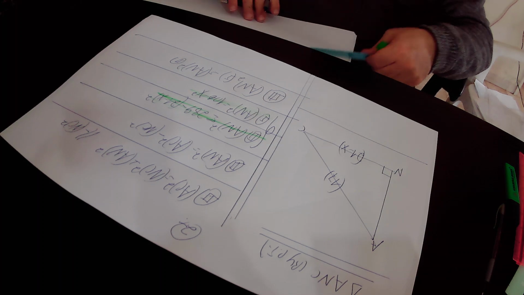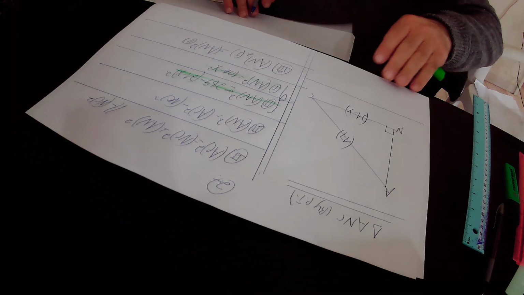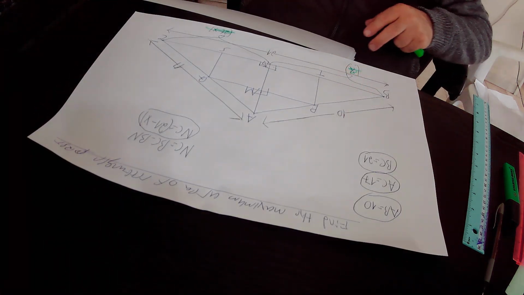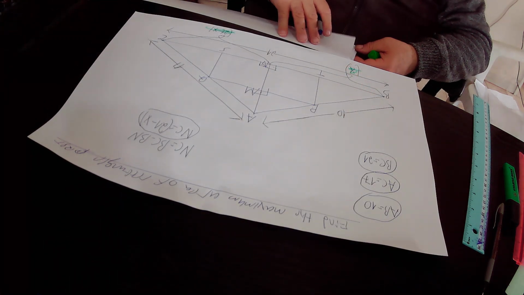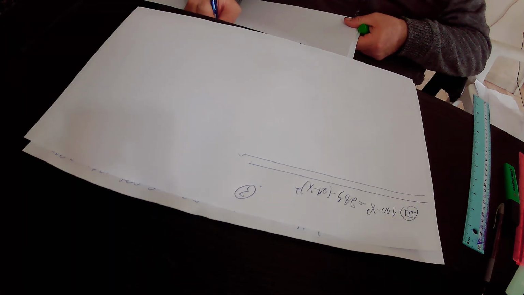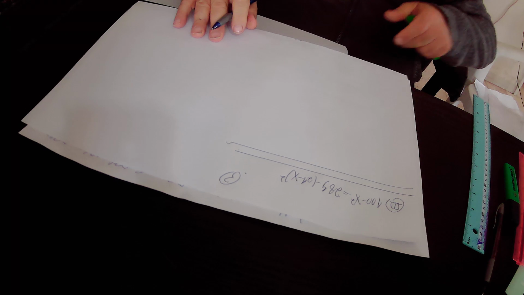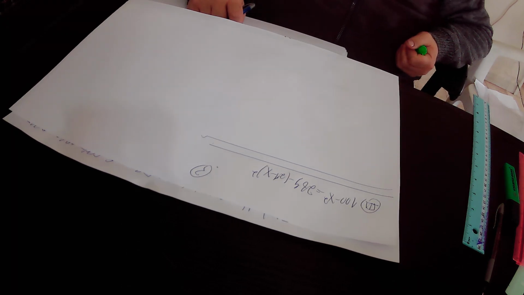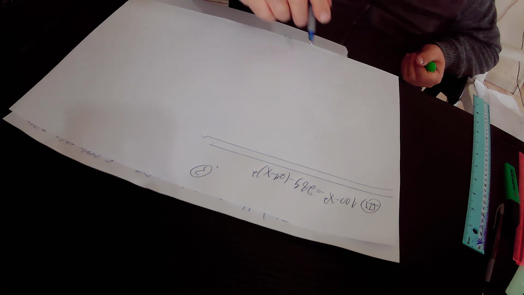So actually we found out that according to equation 3, 100 minus x squared equals 289 minus (21 minus x) squared.